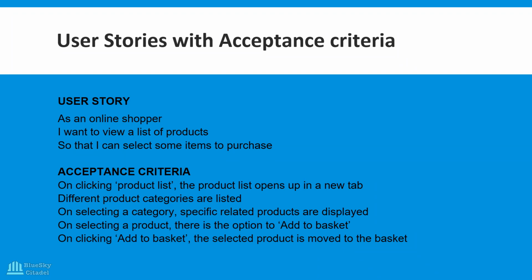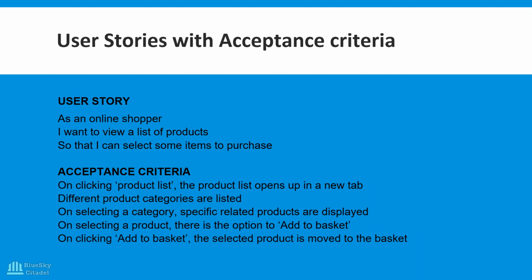If it responds the way it should, you will take that as a pass or yes. Number two, different product categories are listed. When it opens in a new tab, you can see different product categories.